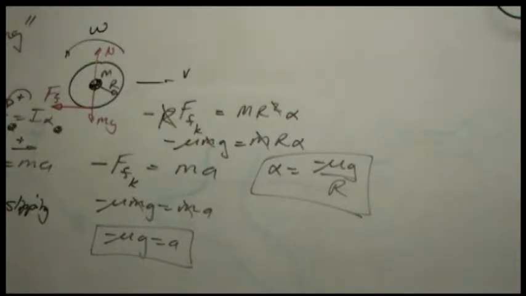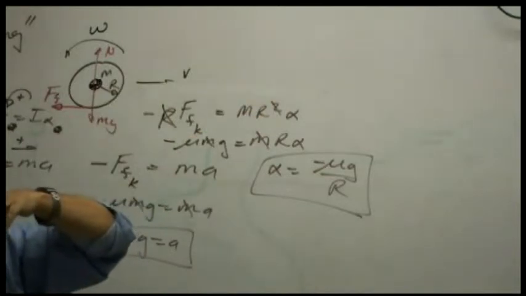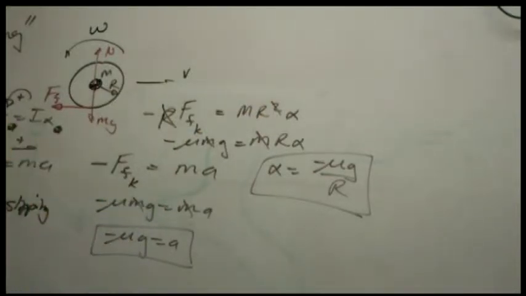So what's up with that? That's because our moment of inertia was just m r squared instead of like one half m r squared. It just happened to look like that. For a ring, it will look like that. For a disc, it would not look like that. There'd be a factor of 2 in there. For a sphere, there'd be a factor of 2/5.